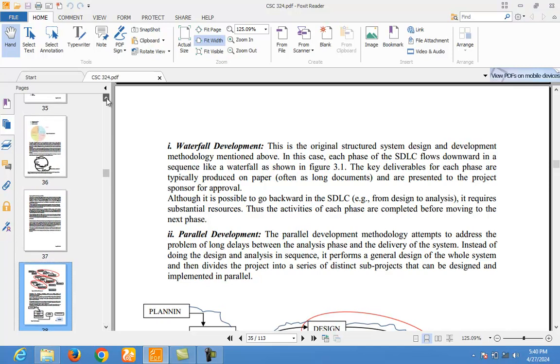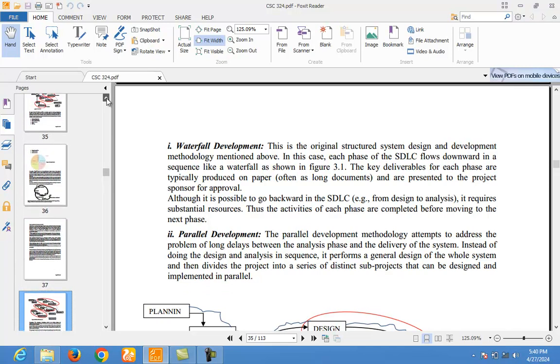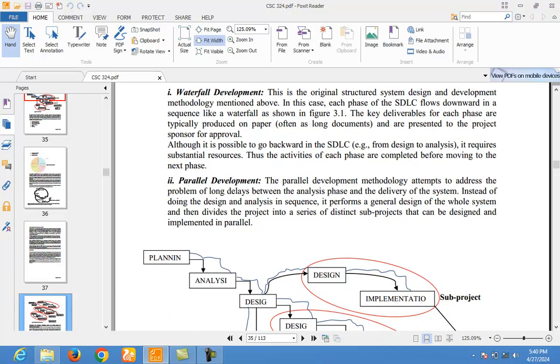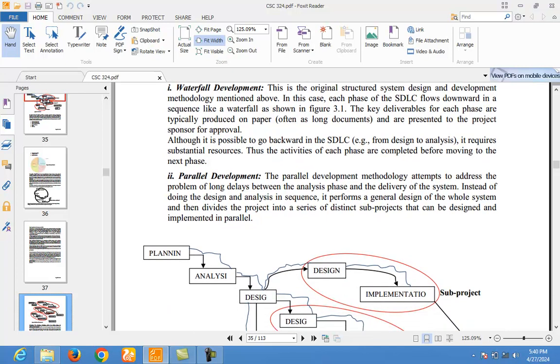Among the formal ones that we have is the structured methodology. We have the waterfall development. We have the parallel development. Waterfall development is the original structured system design and development methodology that was mentioned in the above figure.